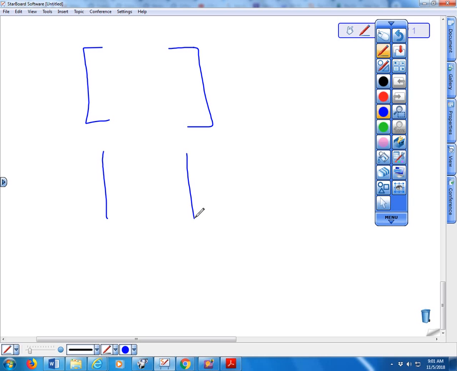If I have a matrix A, B, C, D, to find the determinant, I'm going to multiply A times D, those two diagonals, and I'm going to subtract the product of these two diagonals.